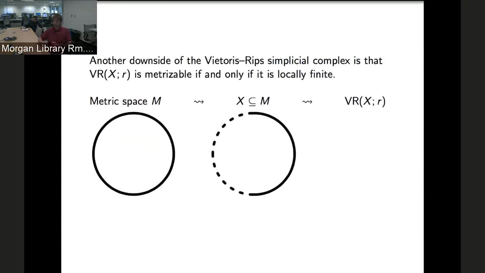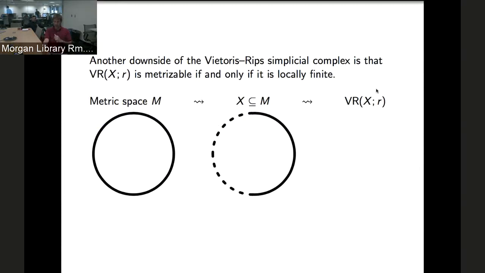Another motivation for putting a new topology on the Vietoris-Rips simplicial complex is the following. So pretend you have a metric space, this circle, and you lose some information about this metric space. So maybe on the left-hand side of the circle, you've lost some of the points from your metric space. Okay, so you go to your neighborhood geometer and you ask them to please reconstruct this metric space for me.